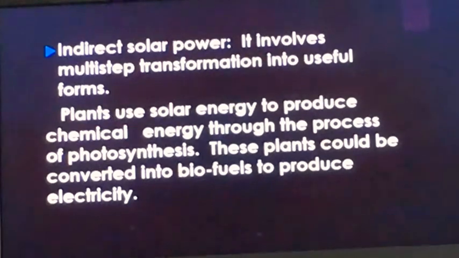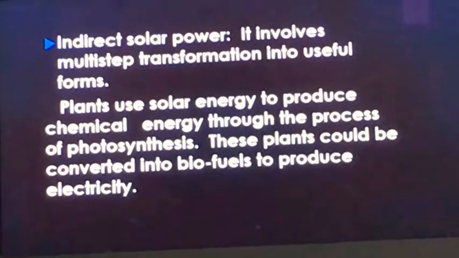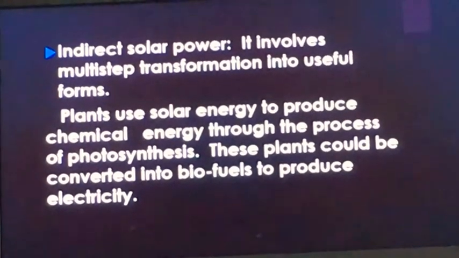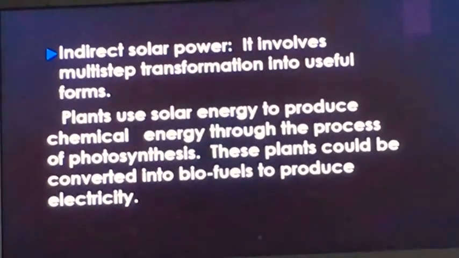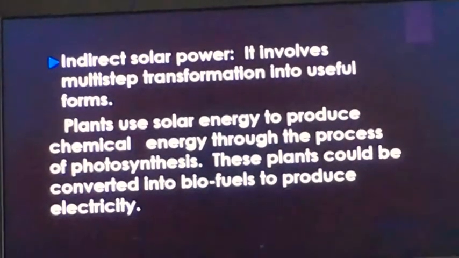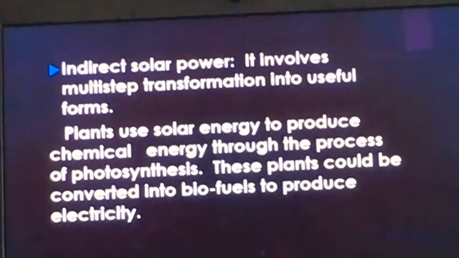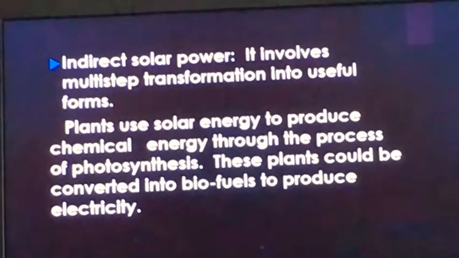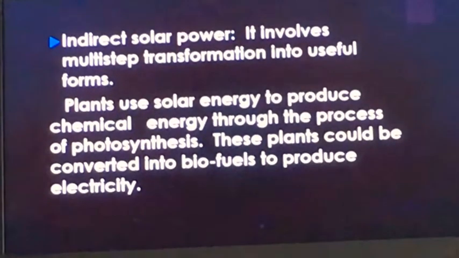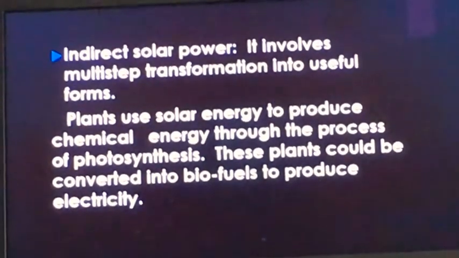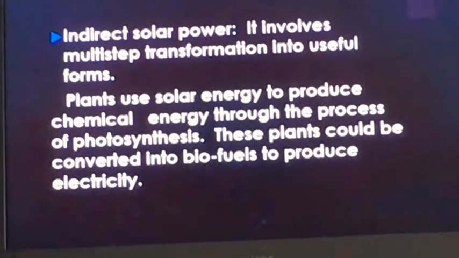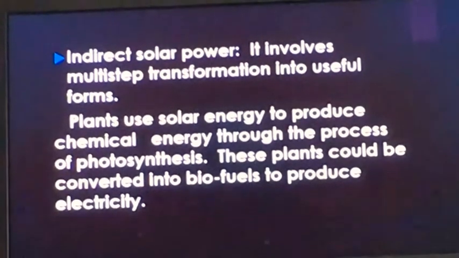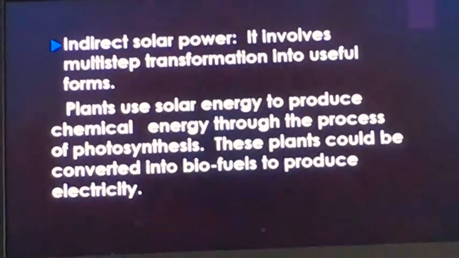Now the second one is indirect solar power. Here it involves multi-step transformation into useful forms. Say for example, plants make use of sunlight to produce chemical energy through the process of photosynthesis, and these plants could be converted to biofuels to produce electricity. So here multi-step transformation is taking place. Similarly, in the case of fossil fuels also, plants absorb sunlight during photosynthesis, and when these plants die, after millions of years they get converted to fossil fuels.